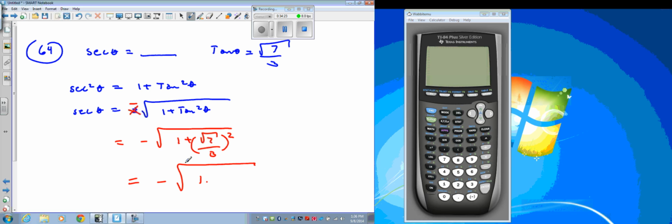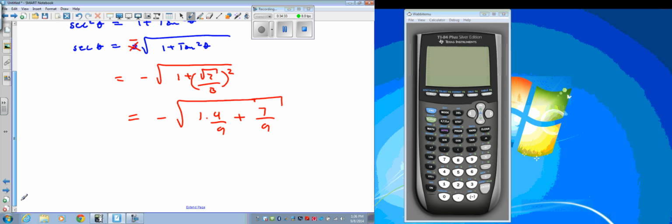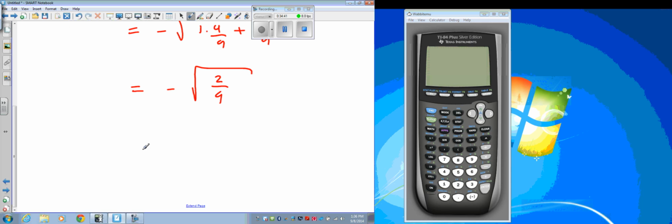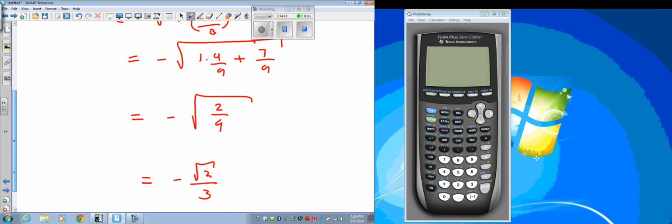Now I'm going to have to build this one with a 9 over 9, because this is going to be 7 over 9. Which is the negative square root of 2 over 9, which is negative square root of 2 over 3. And that was secant, right?